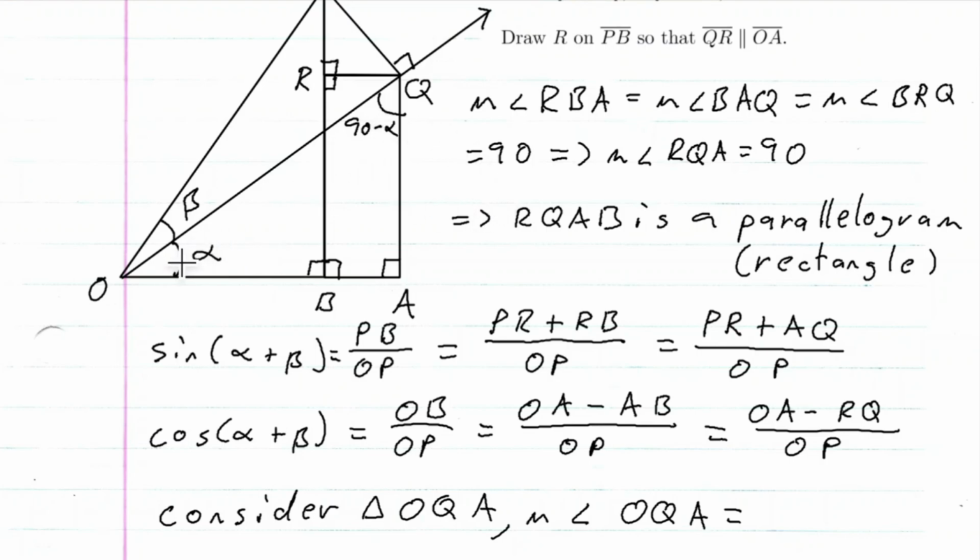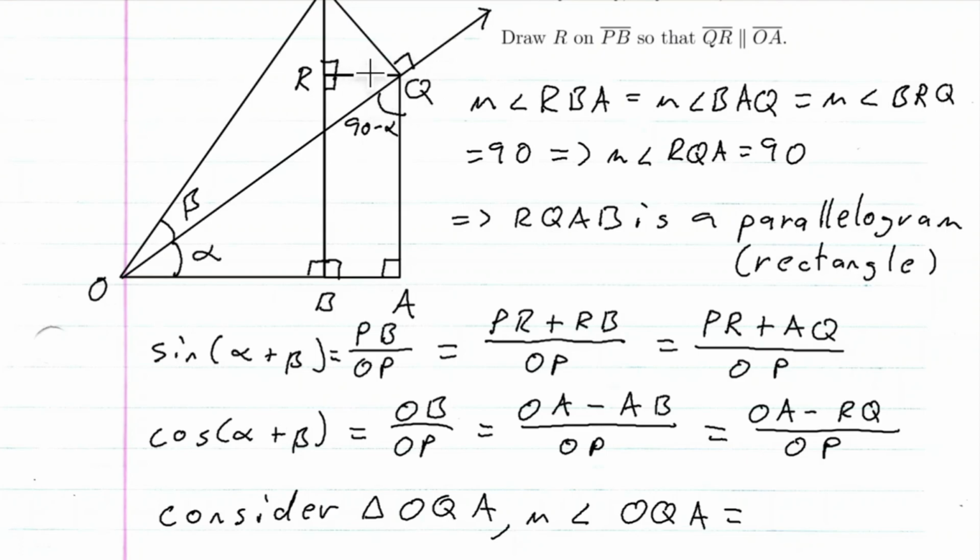Because this angle plus this angle has to be 90, since this one is 90 here. So alpha plus 90 minus alpha gives us 90 degrees. So this angle here has to be 90 minus alpha.